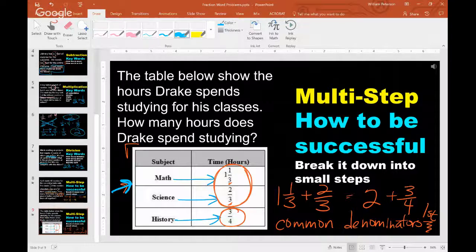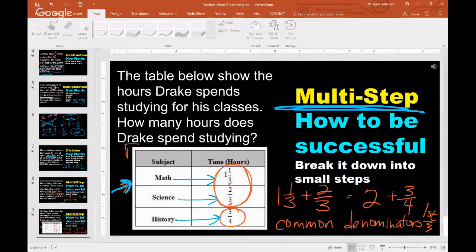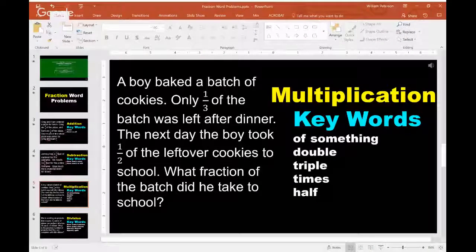It's going to require some steps and some planning, so please take your time with multi-step. The goal is to show your work. Show all the little steps, and it will help you out.